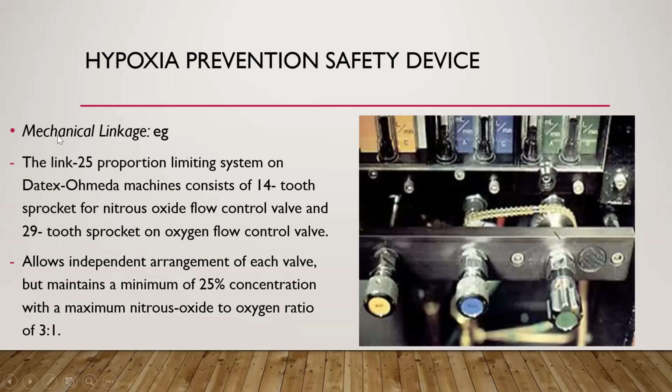And then we have the Link-25 proportion limiting system. This is how it works. It is in Datex Ohmeda machines, and it consists of 14 sprockets on the nitrous oxide and 29 on the oxygen. It allows independent adjustment of each valve, but always maintains a nitrous oxide to oxygen ratio of 3:1.